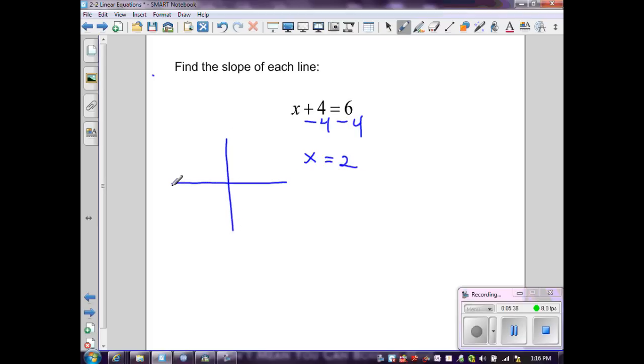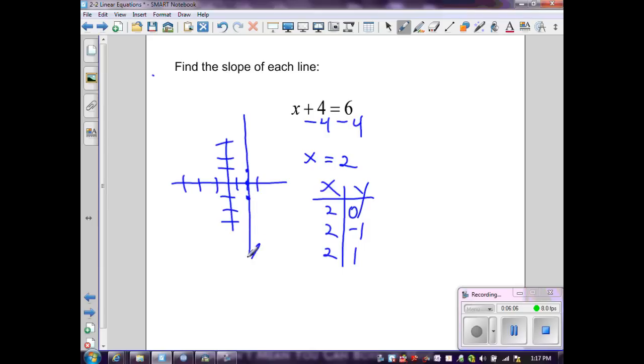If I remember from previous slides, I know when I graph x equals 2, I can generate a table of x, y values. And here, since I know x is 2, no matter how many ordered pairs I write, x has to be 2. I can choose any value for my y, which would be (2, 0), (2, negative 1), and (2, 1).